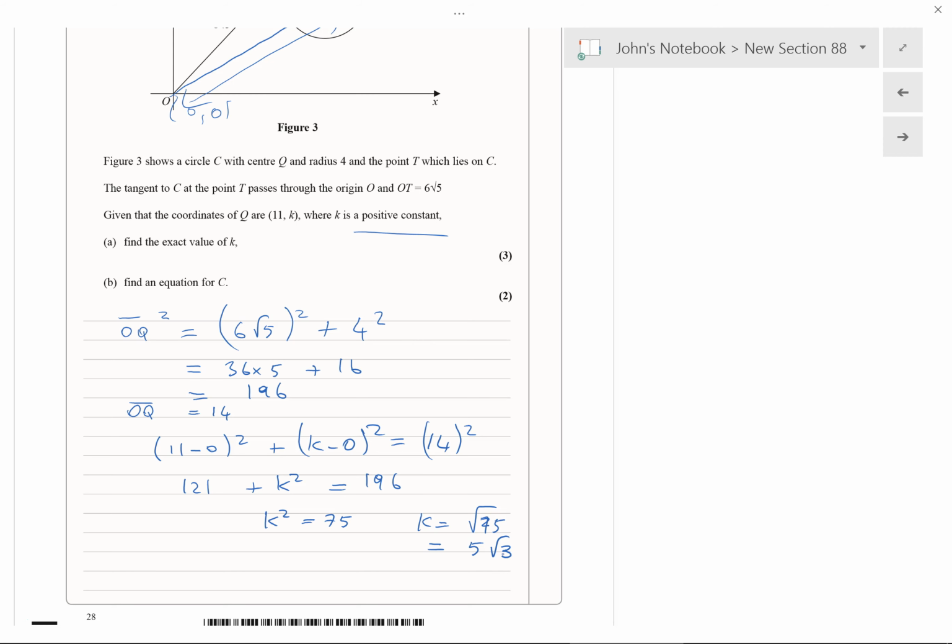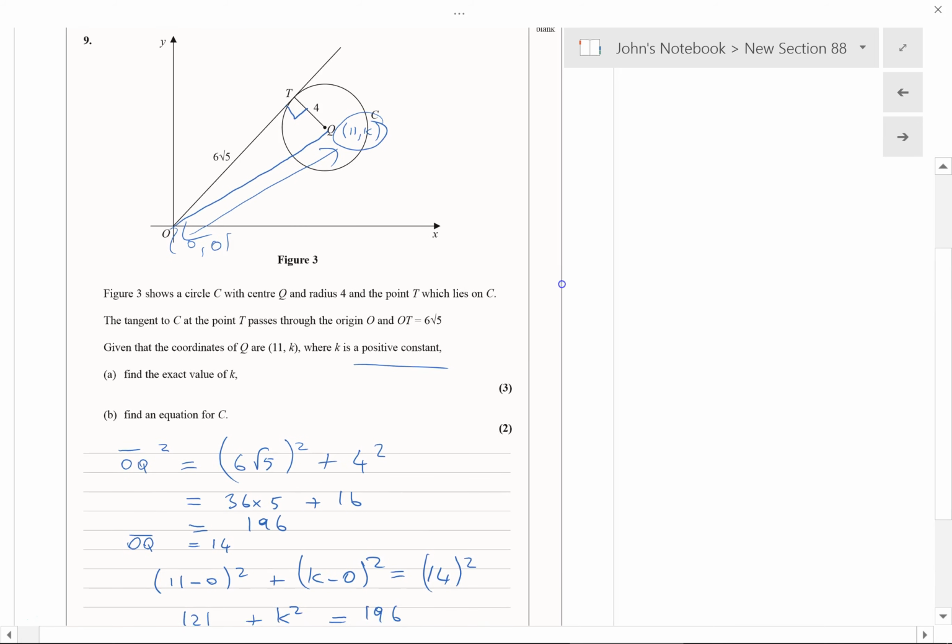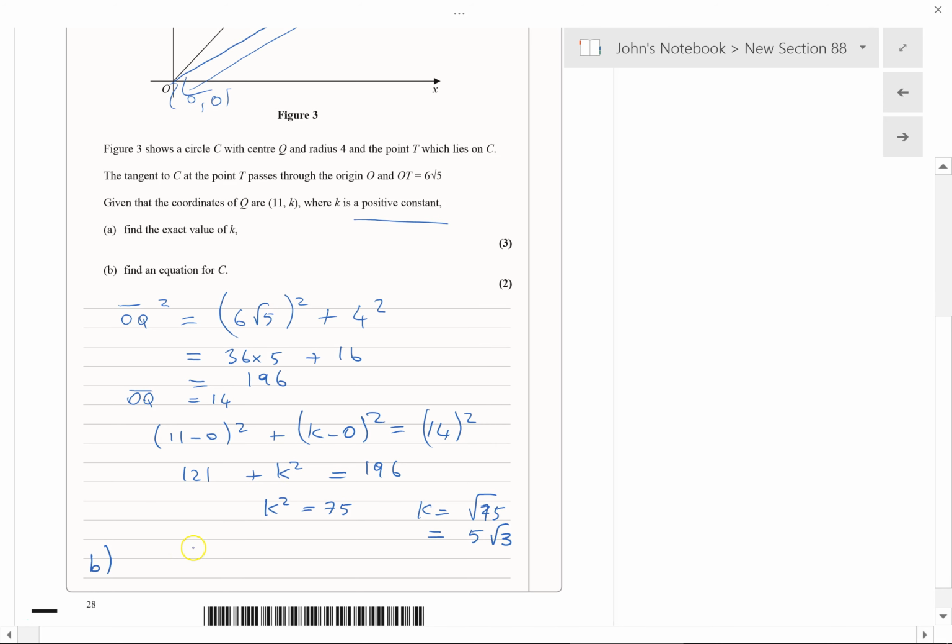Now it says find an equation, two bonus marks here once we've done that. Really, because we know the radius of the circle. We're told that is 4. So the equation of a circle is x minus a squared plus y minus b squared equals r squared.